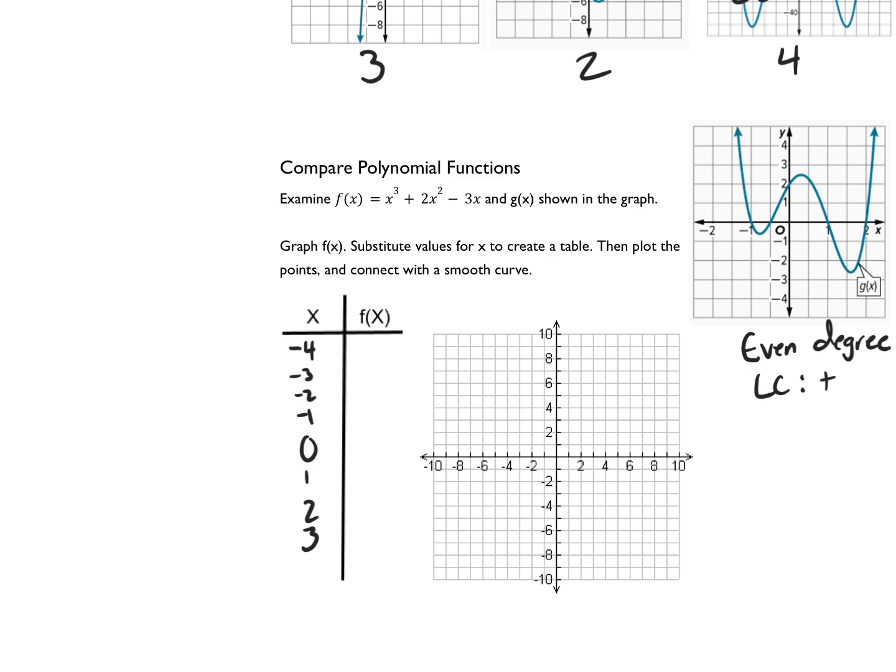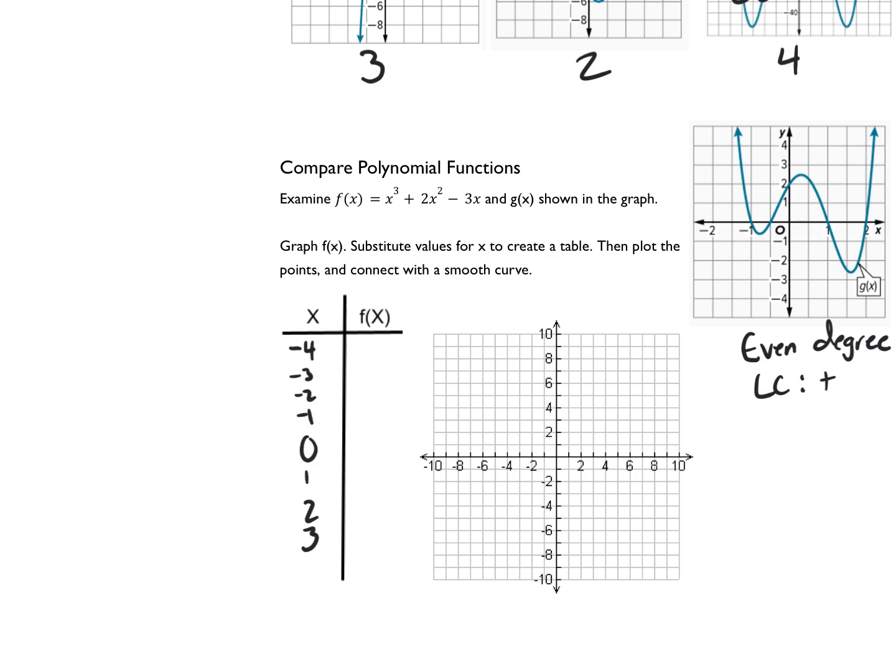So -4 raised to the 3rd power plus 2 times -4 squared minus 3 times -4, and let's see what I do here.